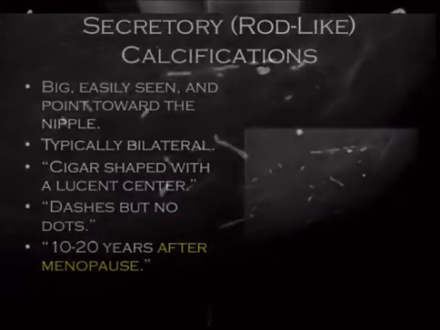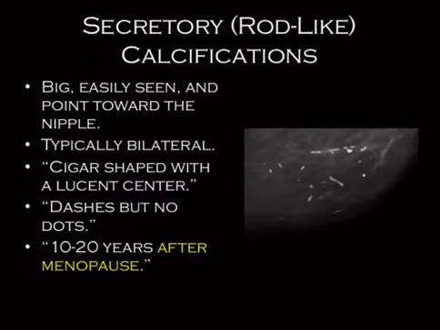I will also tell you that this patient's age is 70, which is important, because these secretory or rod-like calcifications only occur in patients that are postmenopausal, because it happens when the duct involutes. Some other buzzwords, some people will say these are cigar-shaped with a lucent center.